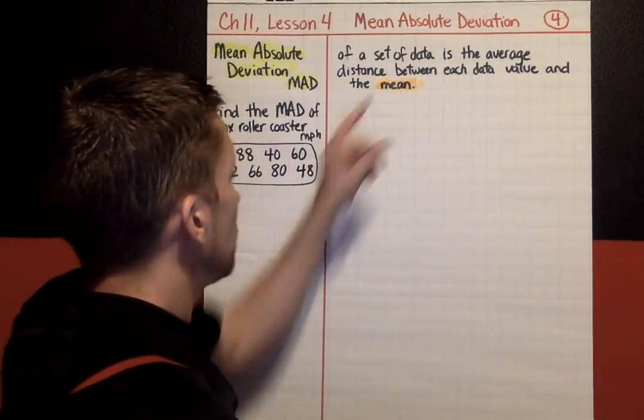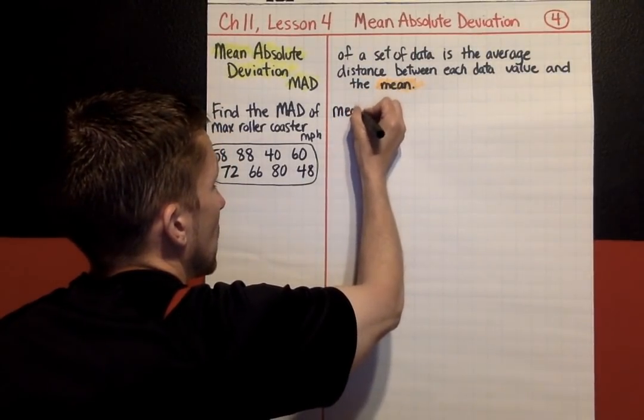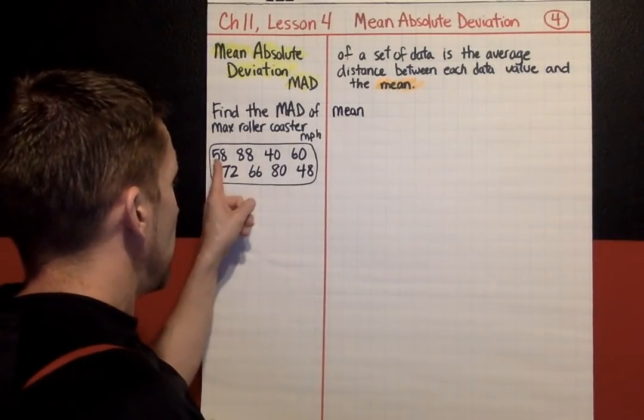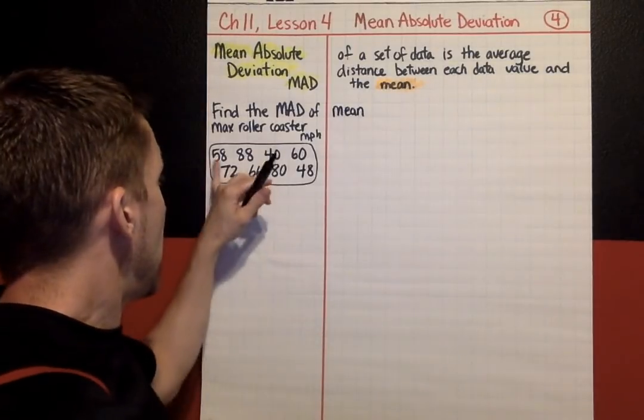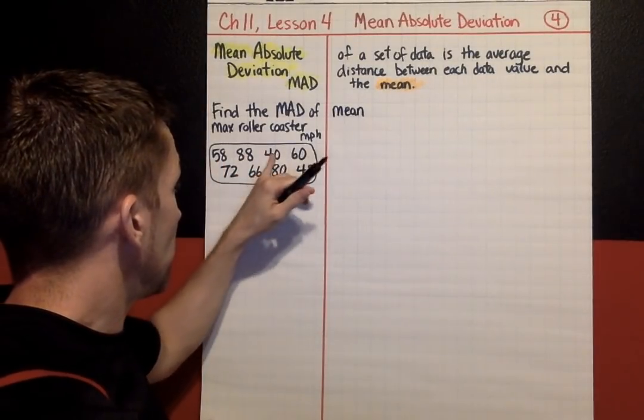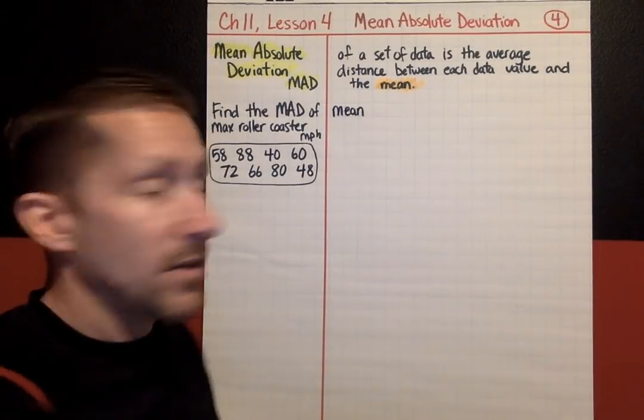The first thing we need to do is find the mean, or average. So again, that means adding all your data and dividing by how many data pieces you have. 1, 2, 3, 4, 5, 6, 7, 8. So that's the first thing we're going to do.